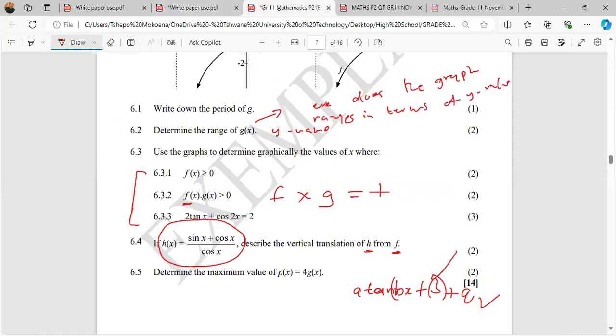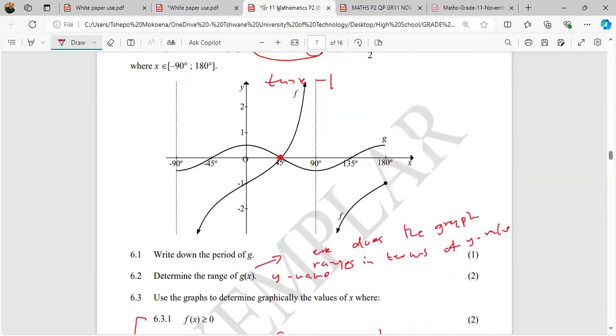Go back to the Cartesian plane so that you can understand. If the graph for Q is -1, you see here it is. That means our graph will shift here. It will still be the same graph, but this part will come here. Let me try to draw it correctly as much as I can.